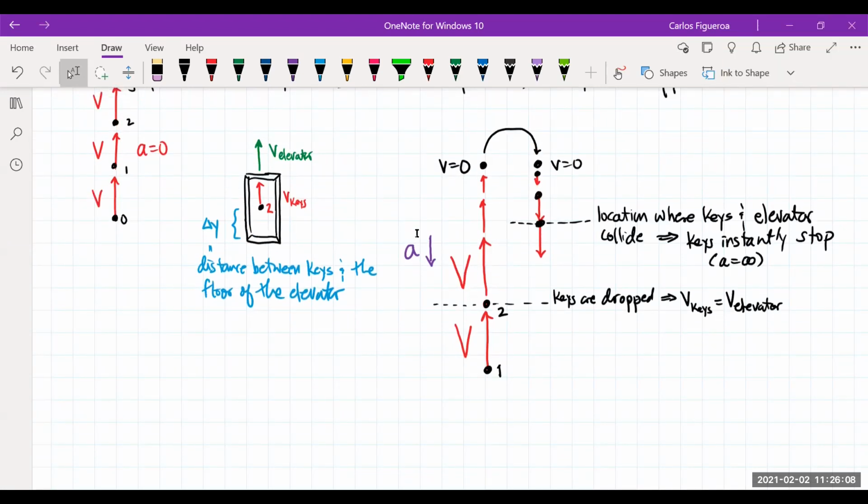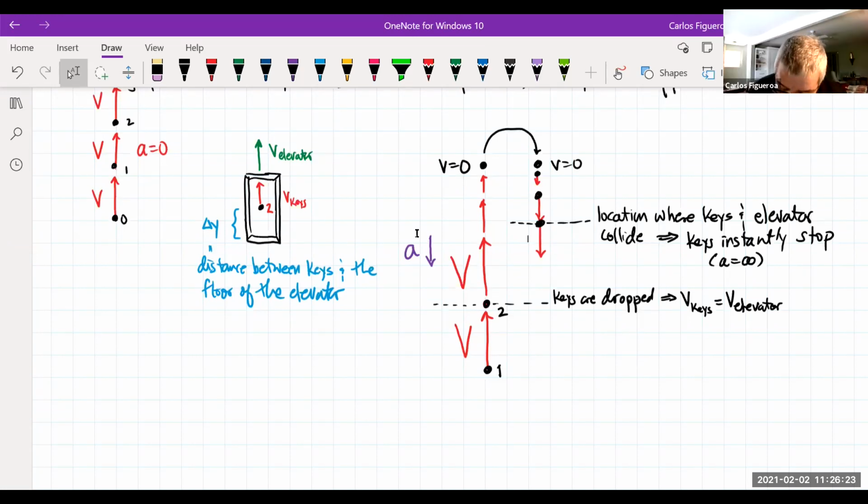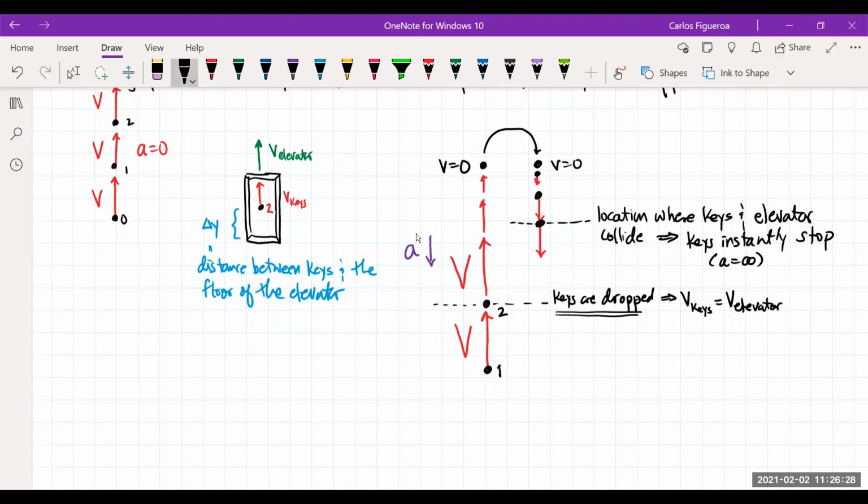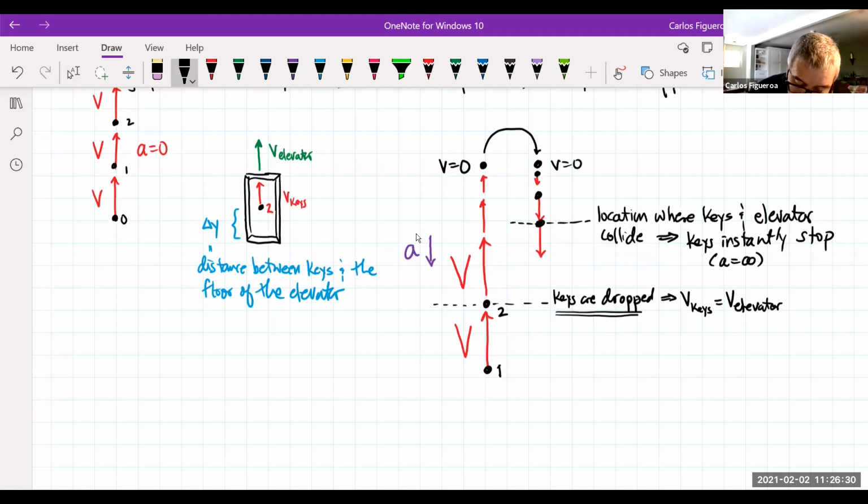Carlos, I had a quick question. Sure. So right when the velocity is getting slower, is that like the instant in which the keys are dropped, really? No, I would say that here at point 2 is where the keys are dropped. So as the arrows are getting smaller, what I'm really seeing here is that there's a deceleration of the keys due to the acceleration due to gravity.